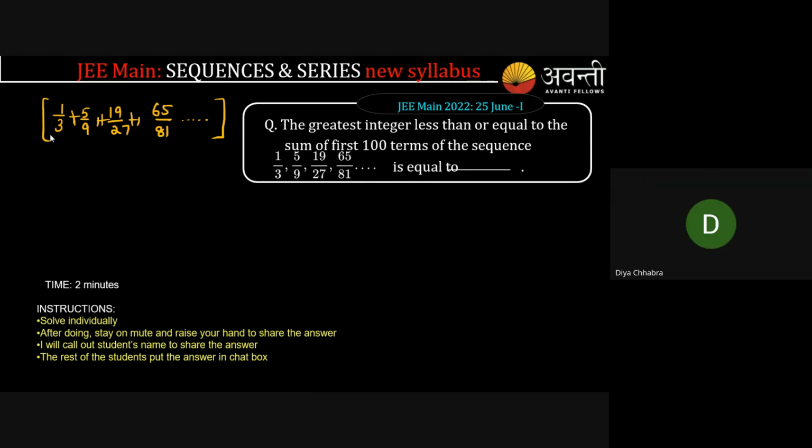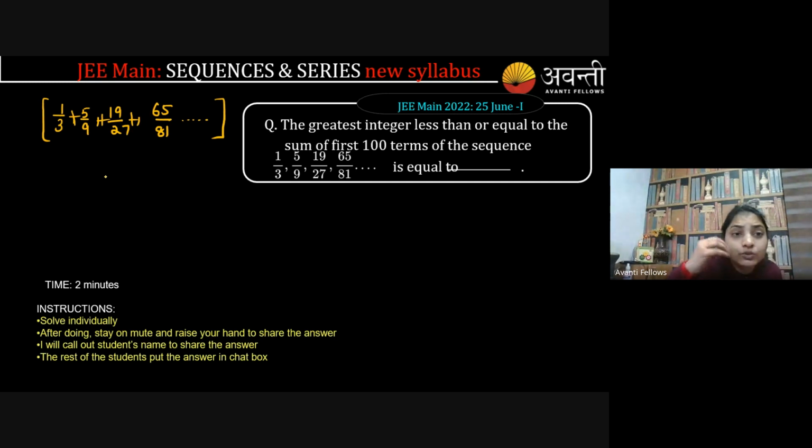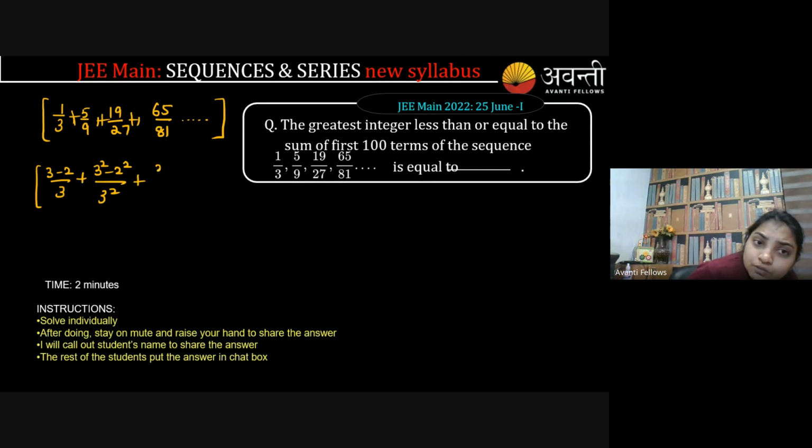Yes, ma'am. So what will I have to do? I need to change the question a little bit as per the requirement. So I can rewrite it as 3 minus 2 divided by 3, then 3 square minus 2 square divided by 3 square, plus 3 raised to power 3 minus 2 raised to power 3 divided by 3 cube, and so on.